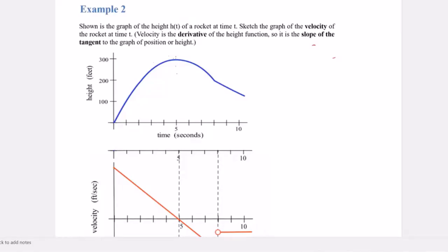If we have height, the derivative is slope, which would be height divided by time, which seems a lot like distance over time, which we said was velocity or rate.